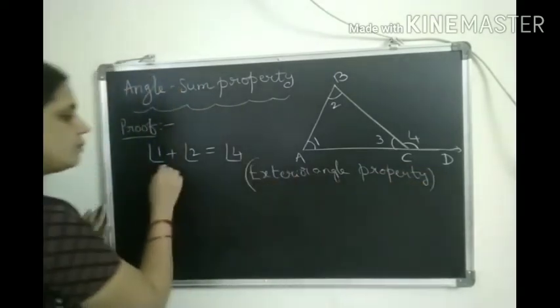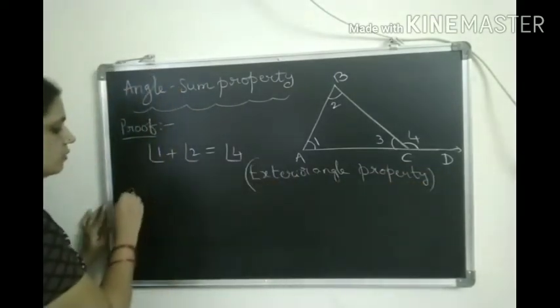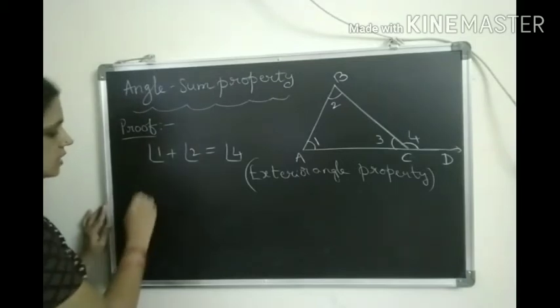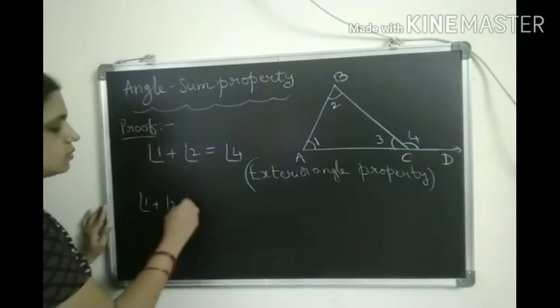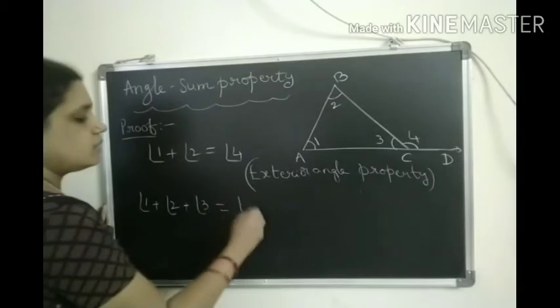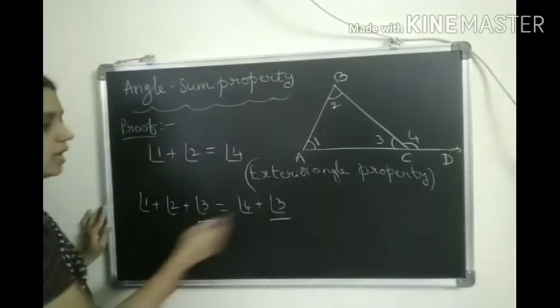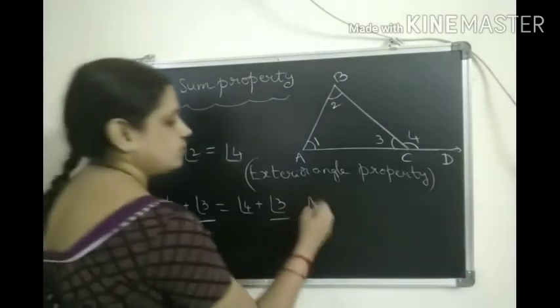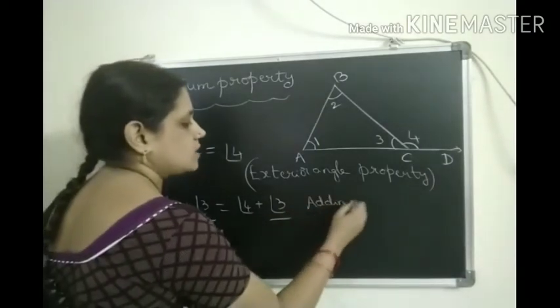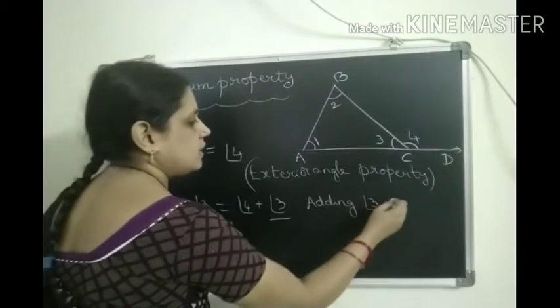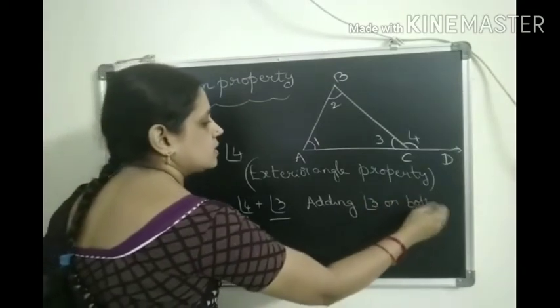Now by adding angle 3 on both sides, what will we get? Angle 1 plus angle 2 plus angle 3 equal to angle 4 plus angle 3. So we write in the bracket: adding angle 3 on both sides.